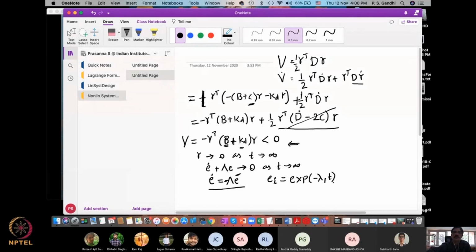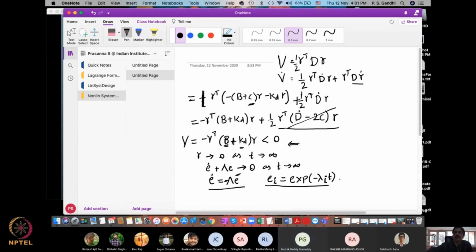That's the solution of the differential equation ei dot is equal to minus lambda i ei. So all the errors are then driven to 0.